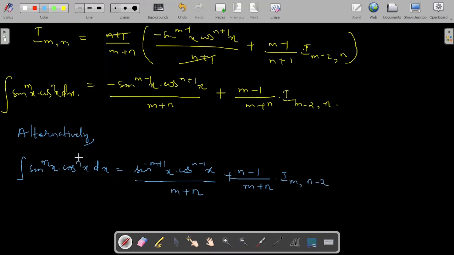Here we are considering the power of cos, that is n. So here we had m-1, therefore now it is n-1. For m it gets added, that is m+1 here, cos^(n-1). Rest all same, replace this numerator m by n. And I_{m-2} you had, here now I_{m,n-2}. This is the alternative formula for the same integral.